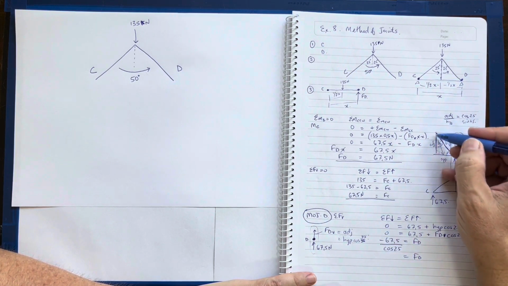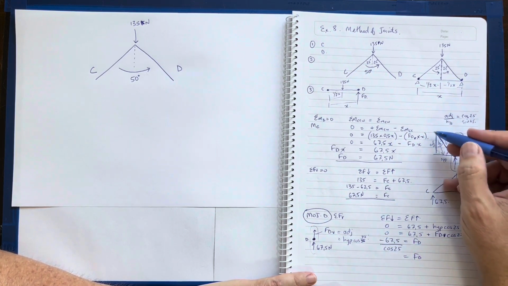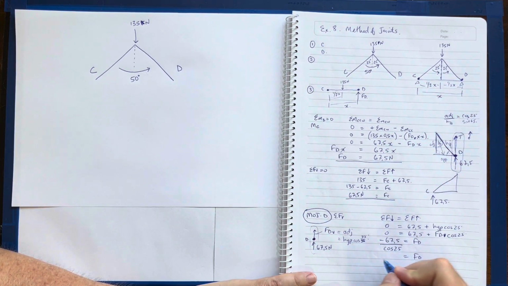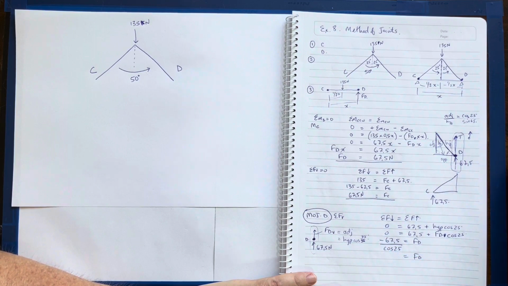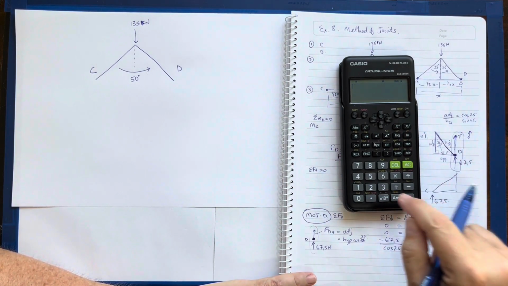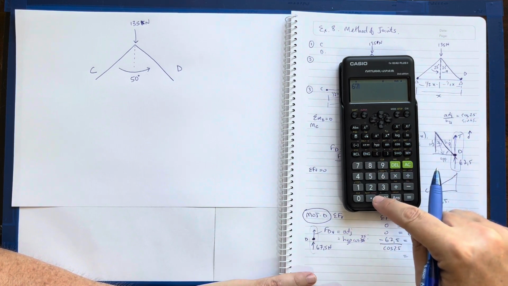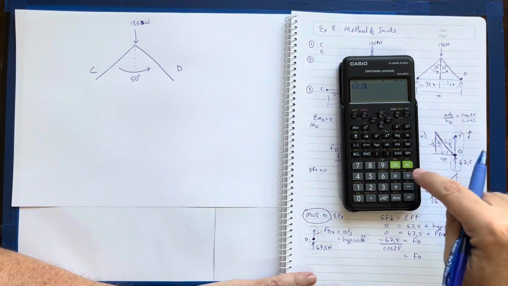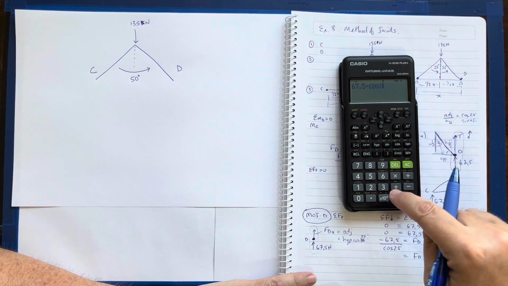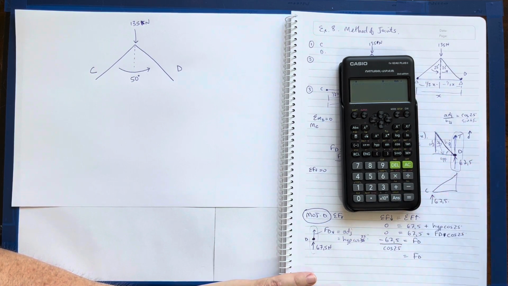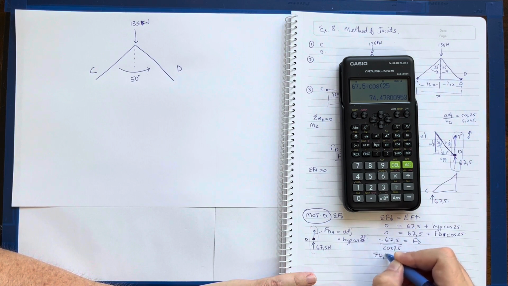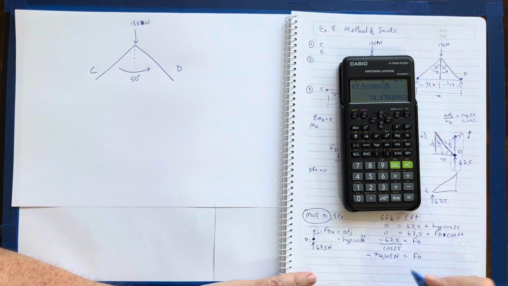The reaction in this particular force is negative, so it's going to be compression. 67.5 divided by cos 25 is 74.48 negative newtons.